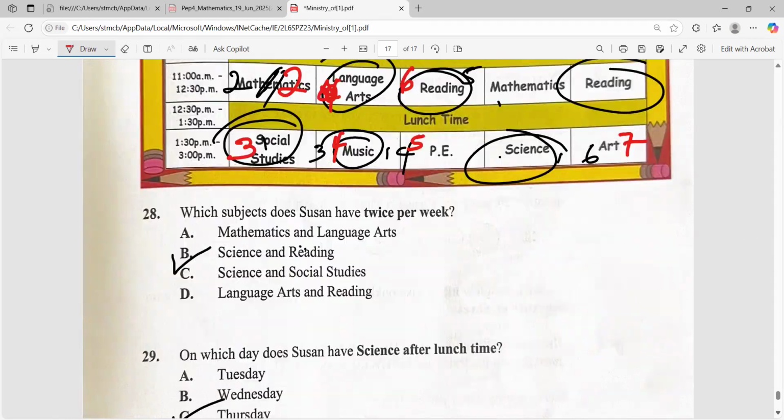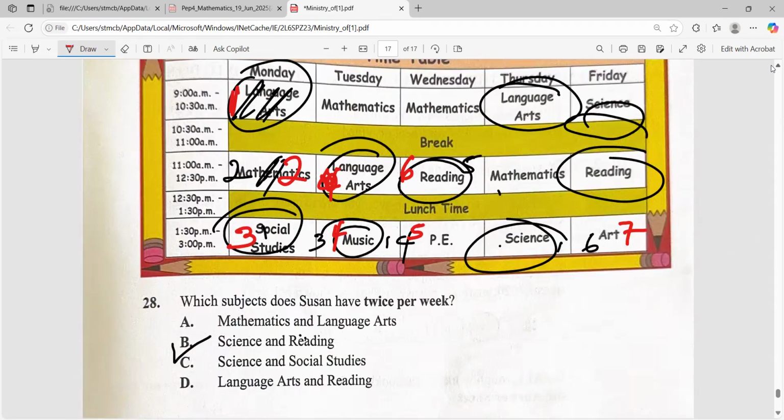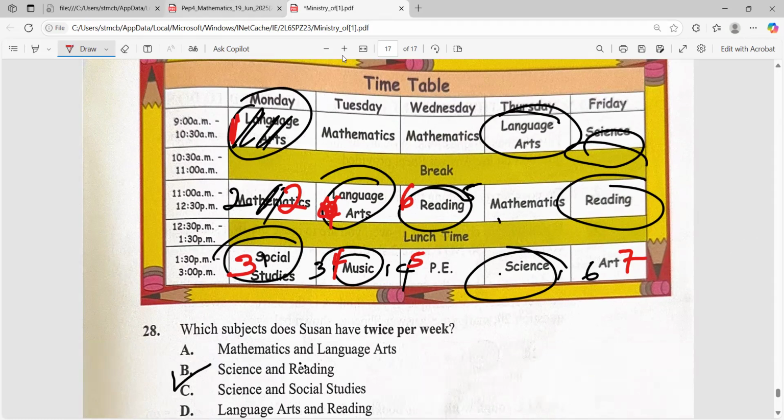Why is this task so difficult? I'm gonna go over it again, guys. Write them down.